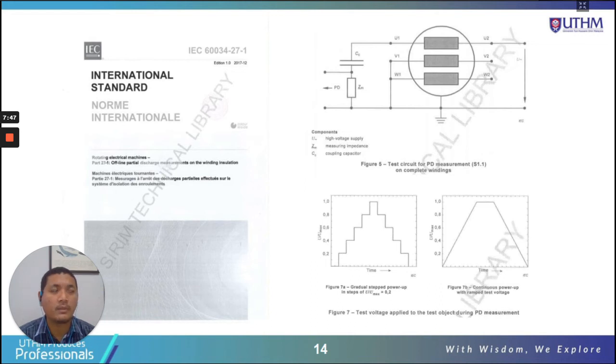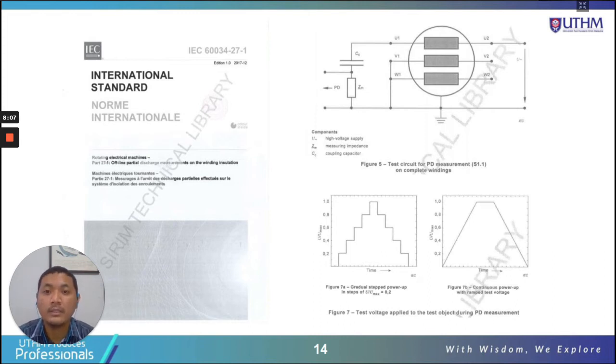I cannot remember if it is Jabatan Standard, I'm not sure, but the government has a local authority where you can purchase the standard through them, to get Malaysian standard or even IEC standard. Usually IEC standard is quite expensive.